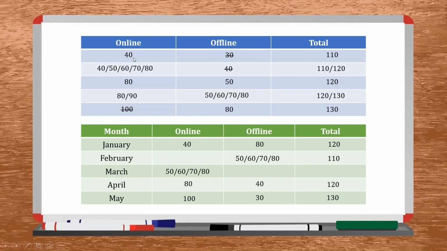And there is already 140 placed for January. Hence, the only possible value for February online has to be 80 or 90. And if I have 80 or 90 in online, then with offline 50 it adds up to 130 or 140, which is not the case, because I have considered that the total in February would be 110.